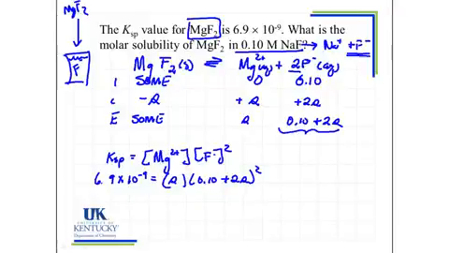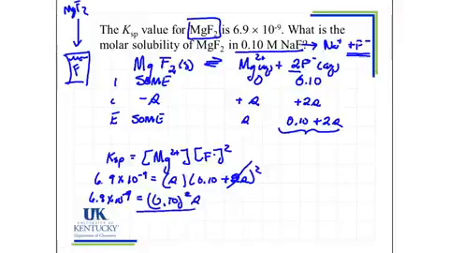The S is very small, and it's so small that even if we double it, it's going to be very small. And we're going to see that this is true, but let's assume that that term can go away. That leaves me with 6.9 times 10 to the minus 9 is equal to 0.10 squared times S. So if we divide both sides by 0.10 squared, we are going to have S equal to 6.9 times 10 to the minus 7.